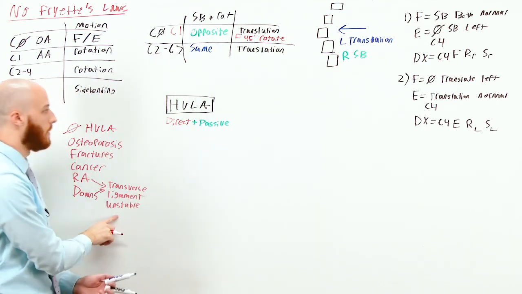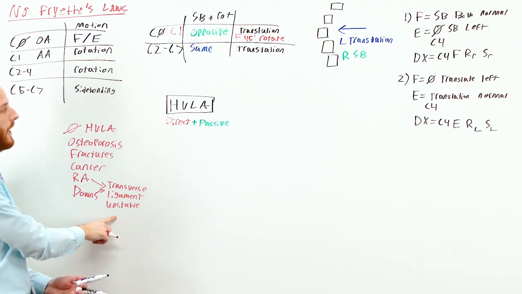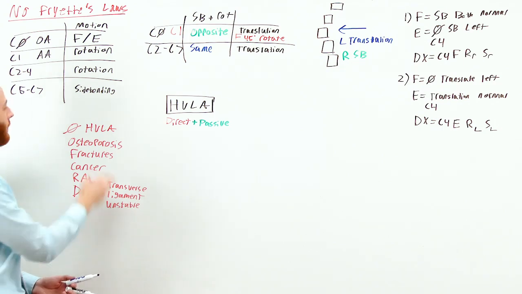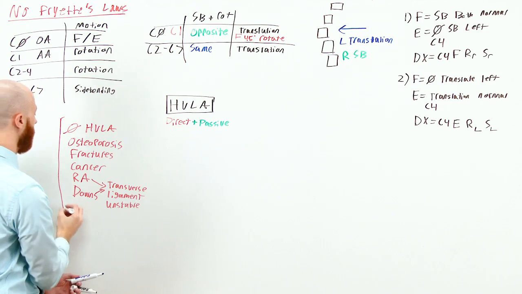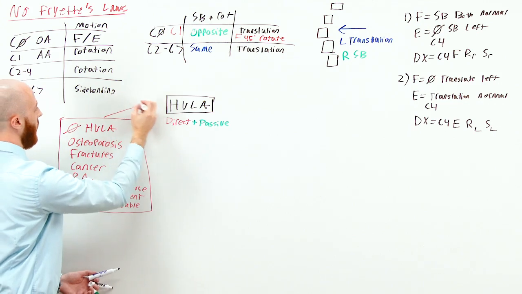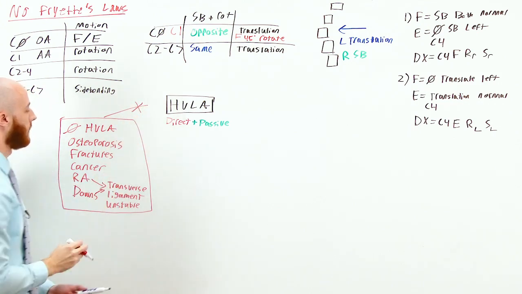Because of this instability, you are not able to perform an HVLA treatment technique because you will cause harm. So if you see any of these, you are not allowed to treat the patient with HVLA. You have to pick something else.